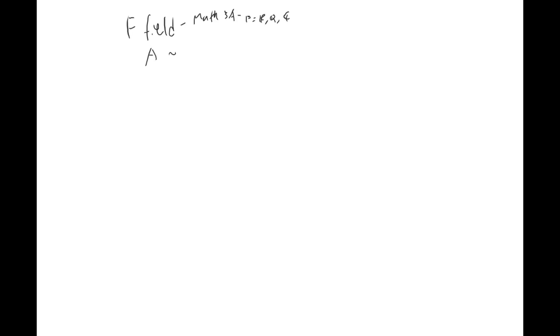For the purposes of this, I'm gonna write V for vector space. A vector space over F is an abelian group V under addition.